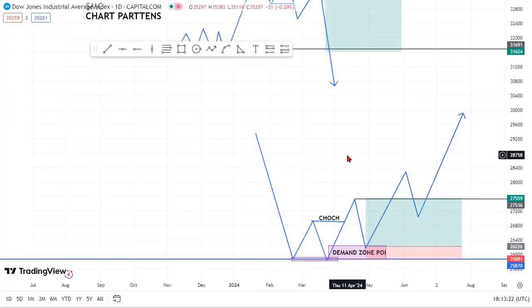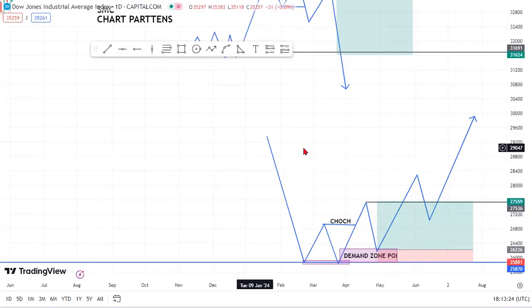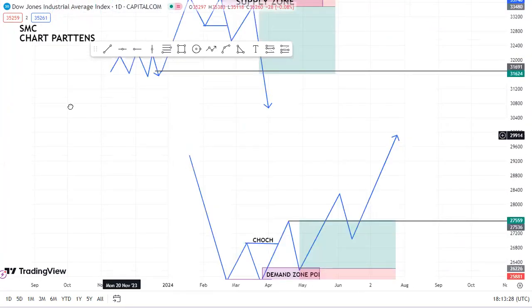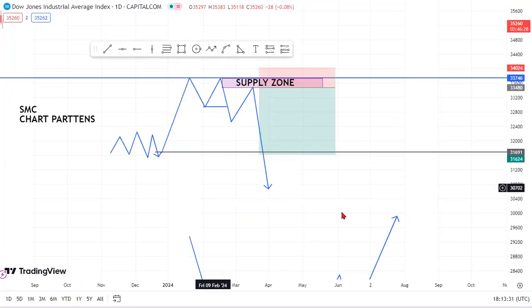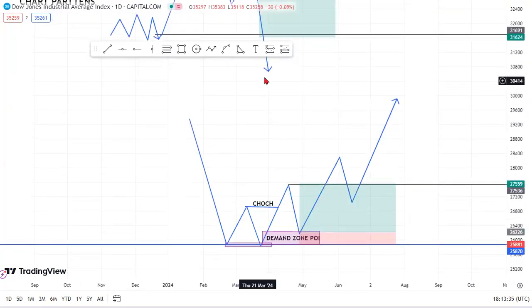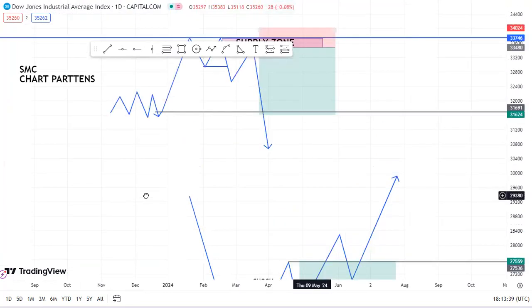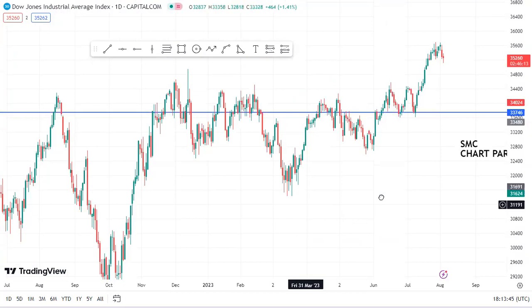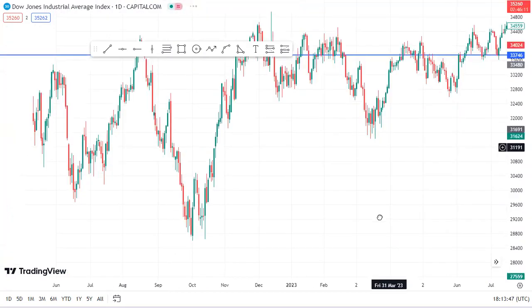So I want us to look at this. Let's identify supply zone and demand zone in the markets. Now you've seen supply zone, and you've seen demand zone. Yeah? So let's get to the markets and let's identify those.